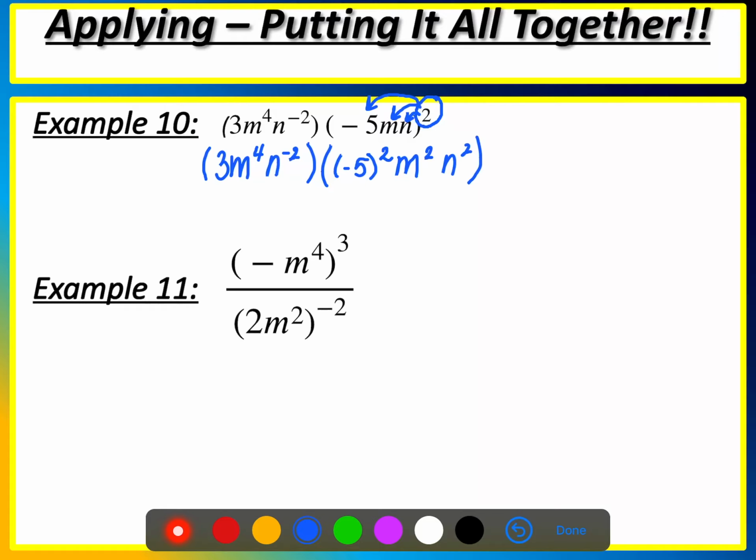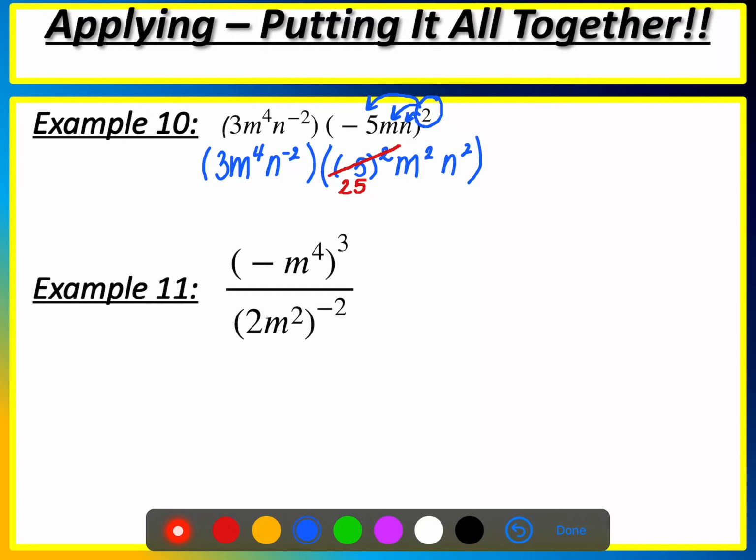So that is m squared and n squared because they originally started with an exponent of 1. And I can evaluate negative 5 to the second power. When you plug that into your calculator, make sure you use exponents just like I have it written.